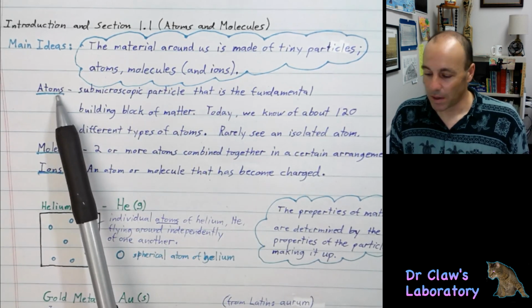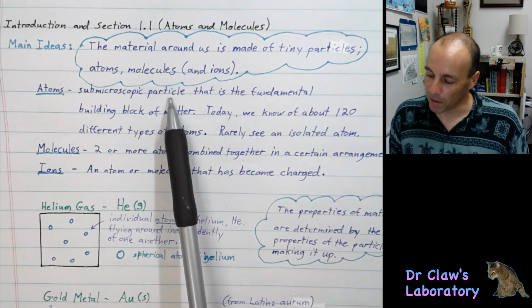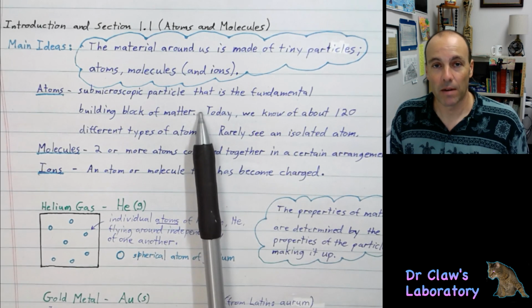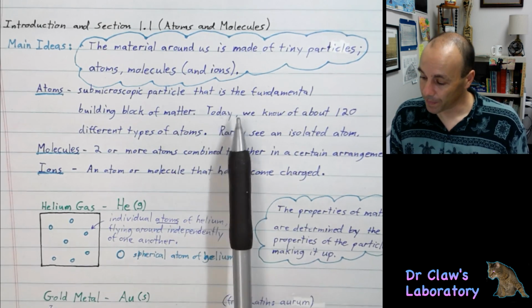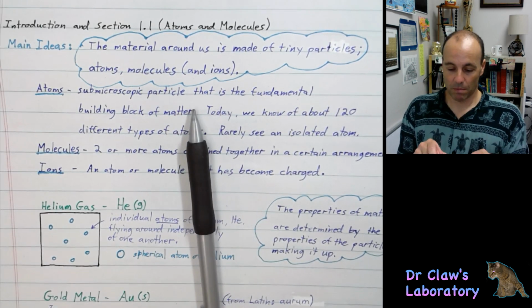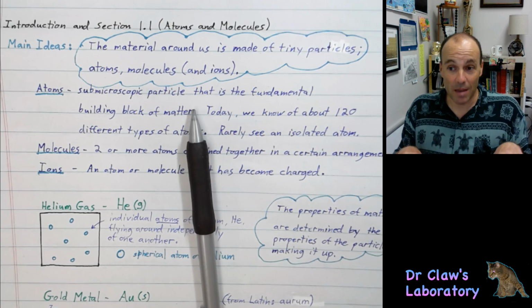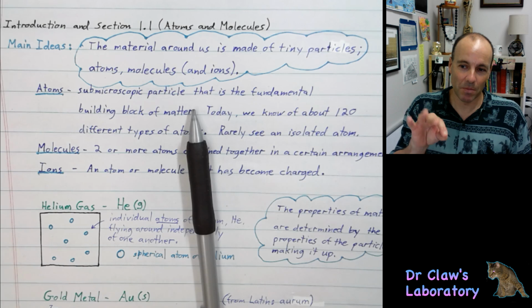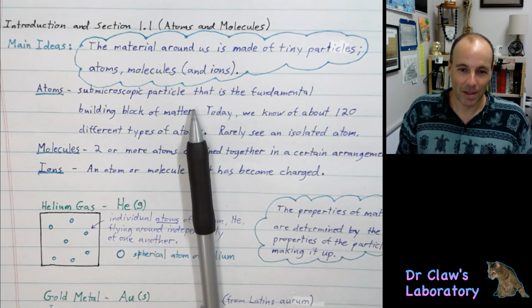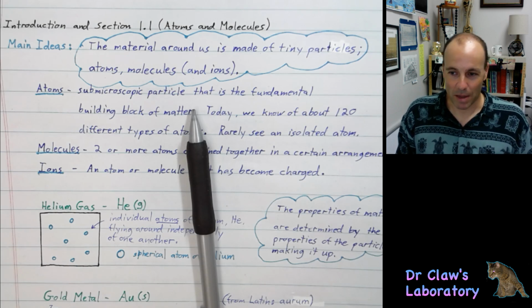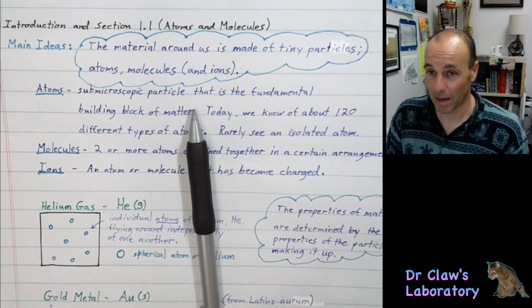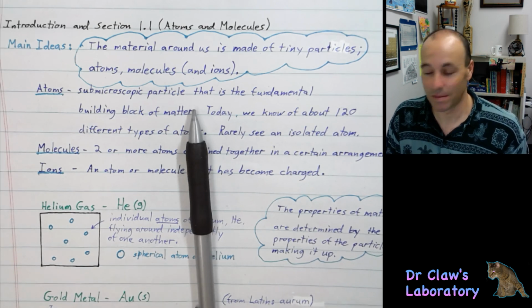Atoms are submicroscopic particles, and they are the fundamental building blocks of matter. So they're the smallest stable particle of matter. There are particles that are smaller than atoms, but they're not really that stable and they don't hang around long enough. So atoms are the fundamental building blocks, what everything seems to be made of.